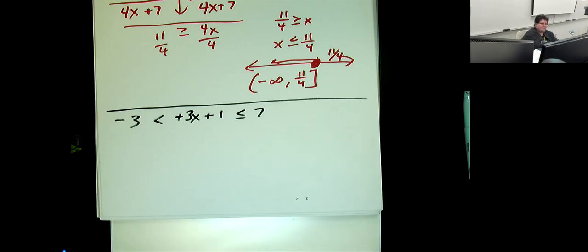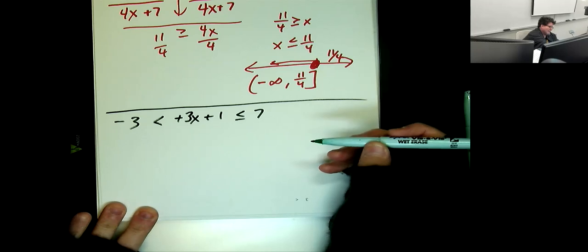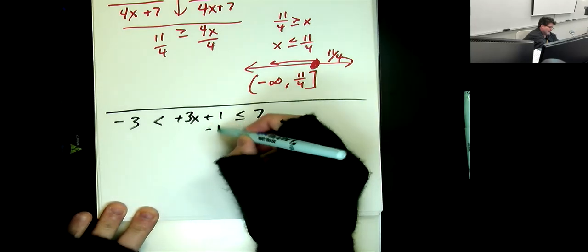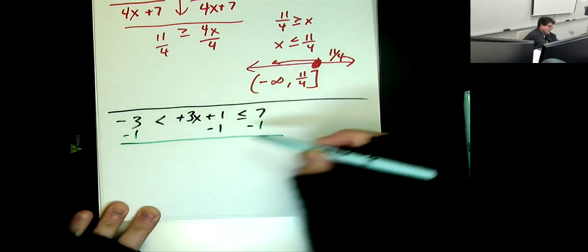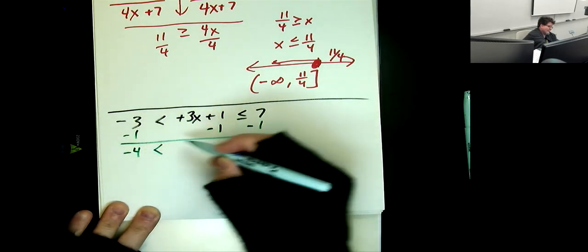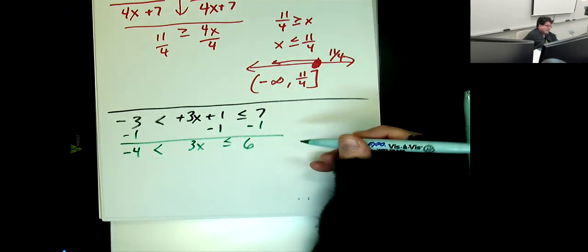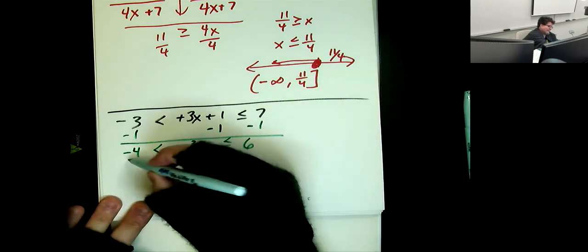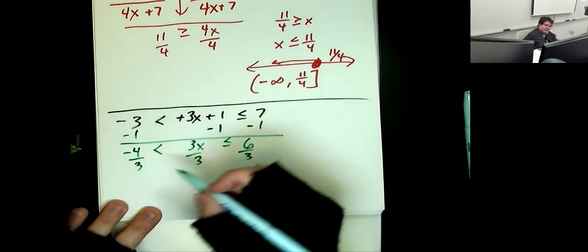So we want to get the x by itself. It's in the middle, so we'll just start clearing stuff away from it. We'll start by subtracting 1. Got -4 is less than 3x is less than or equal to 6. We divide by 3 everywhere.